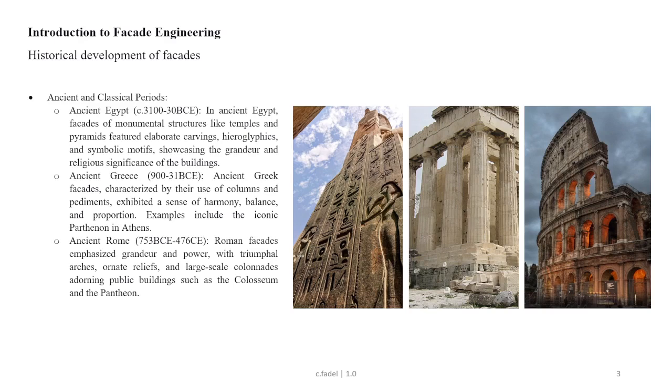Another ancient facade that we have to consider as a foundation of what we have today is ancient Rome, which is from 753 BCE to 476 CE. Roman facades emphasized grandeur and power, with triumphal arches, ornate reliefs, and large-scale colonnades adorning public buildings such as the Colosseum and the Pantheon. These architectural elements conveyed the might and authority of Rome.